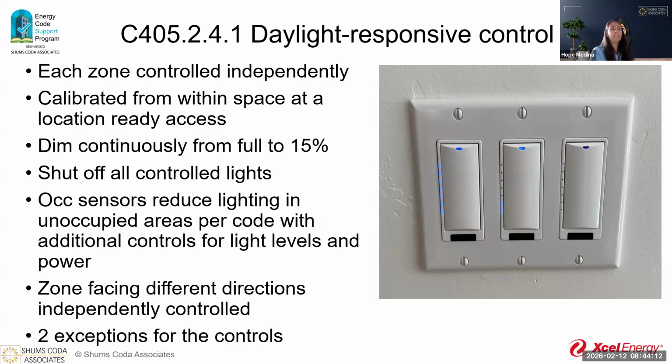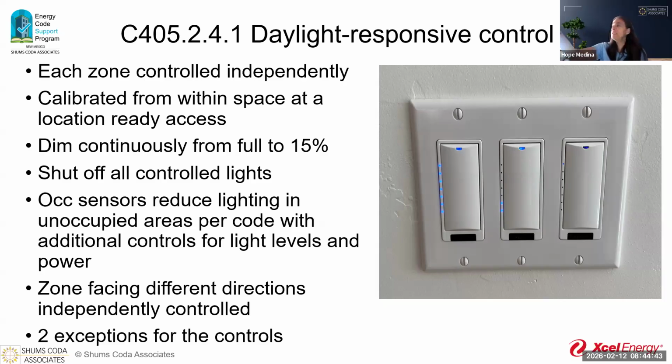You do have to have a control that's going to shut off all of the lights, occupancy sensors that reduce the lighting in those unoccupied areas within the code, and the additional controls for the levels and the power. And then this is the fun one. This bullet point is a lot of fun, because you could have a zone that is facing two directions, right? It's right there on the corner.